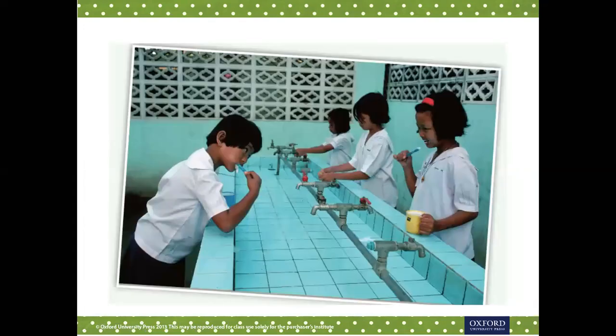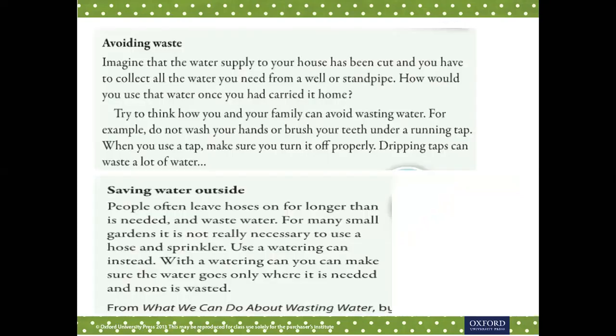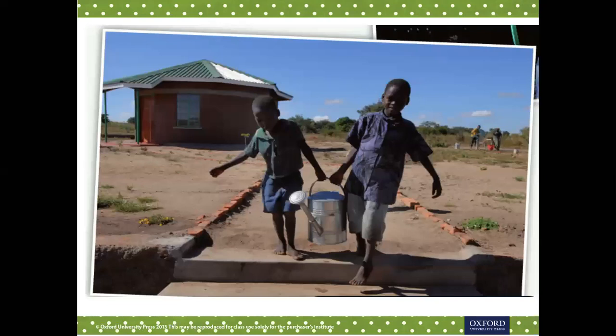And Muhammad, for your question, you asked what is tap? This is the tap. Hajar, what about the two children? Why do they waste water? The two children? No, they're not wasting water.